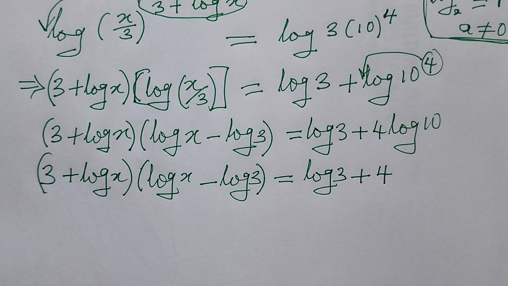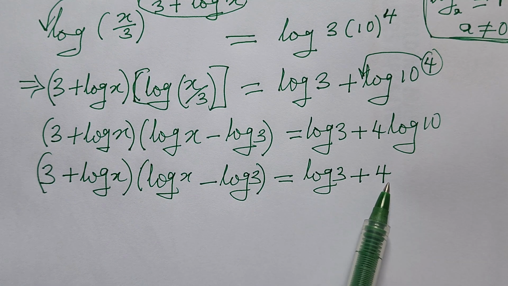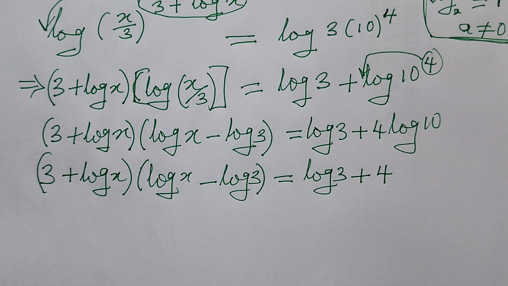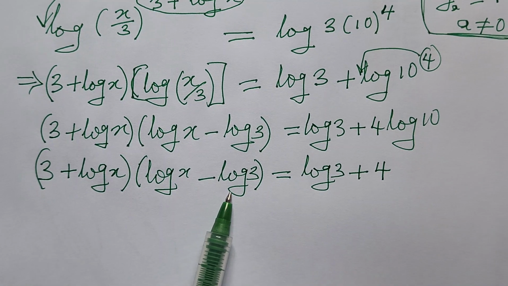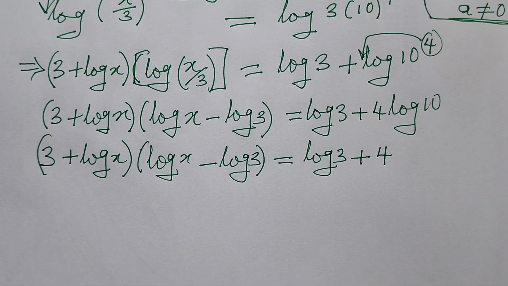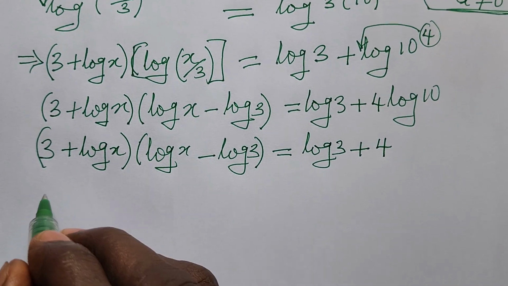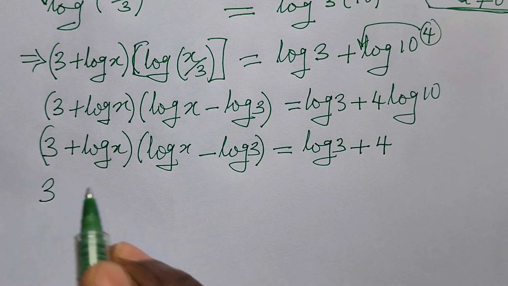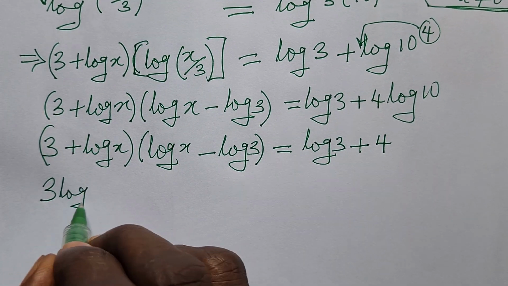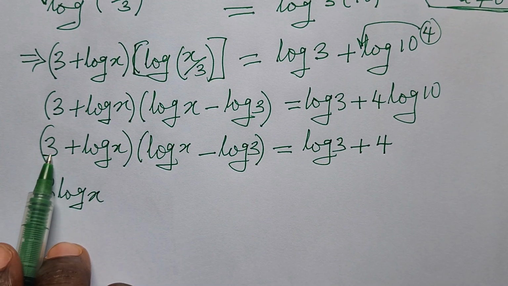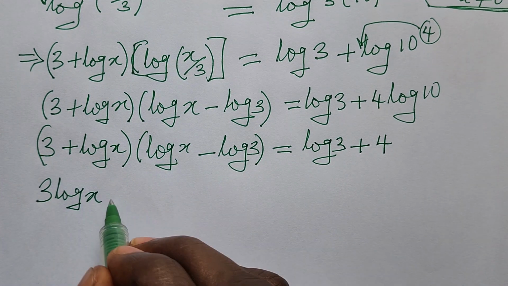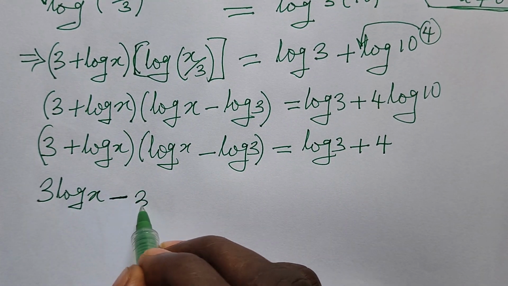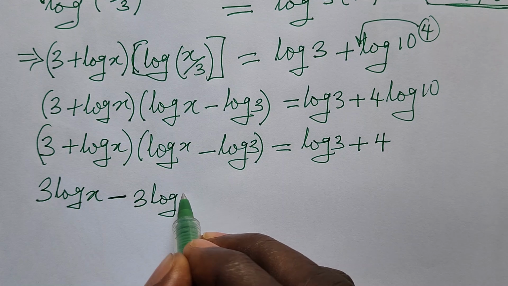Good. So what do we do next here now? We want to move all the terms on the right hand side to the left hand side, and at the same time use this bracket to open up this bracket. So let's go ahead and do that. 3 times this will give us 3 log x. We equally use 3 times this, which gives us minus 3 log 3.